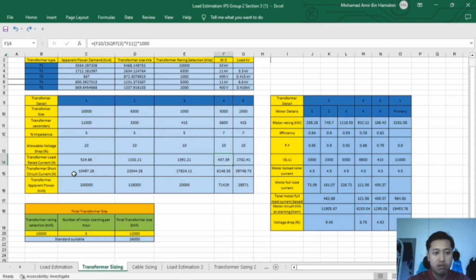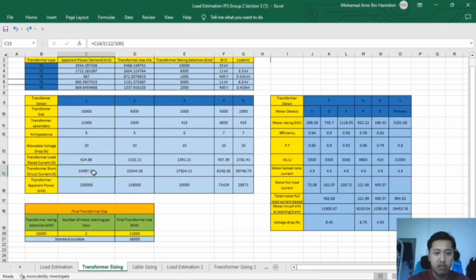After that, we must find the transformer short circuit current. The transformer short circuit current is the transformer load current that we get here divided by the impedance, where the impedance is divided by 100.